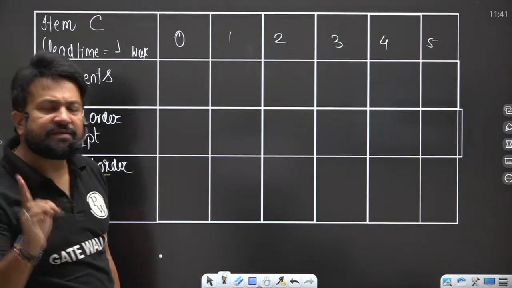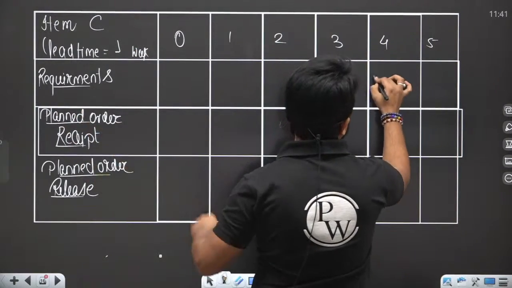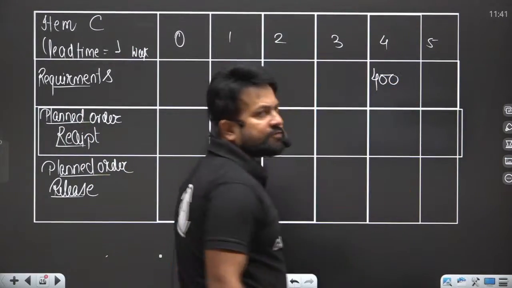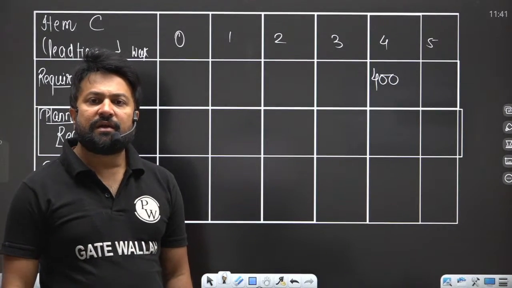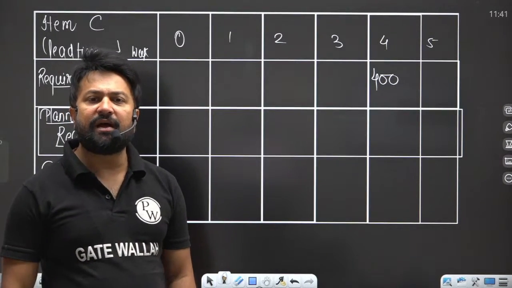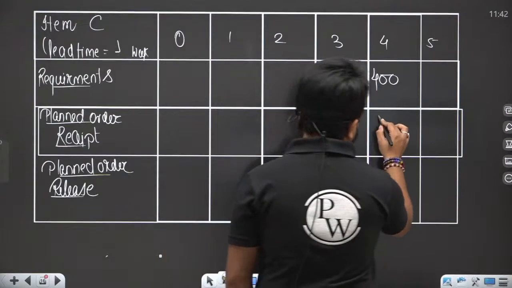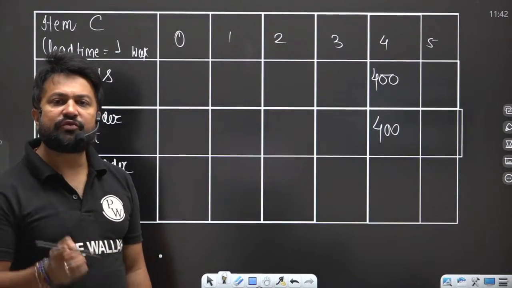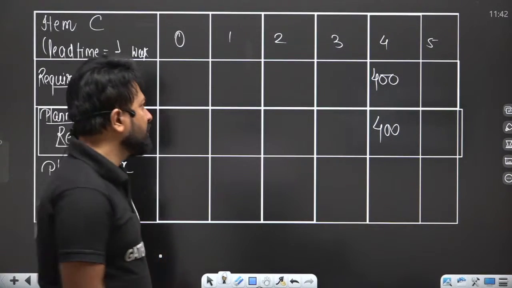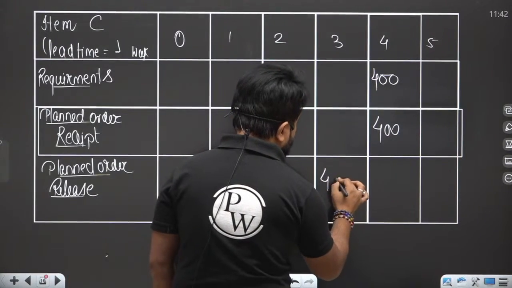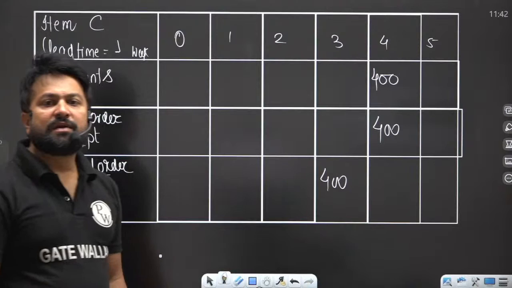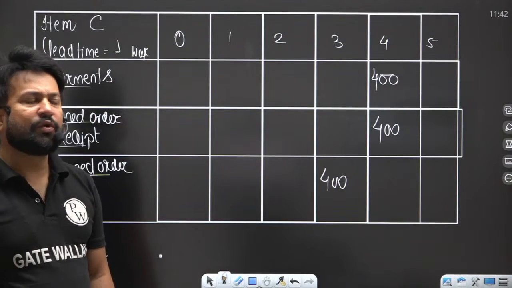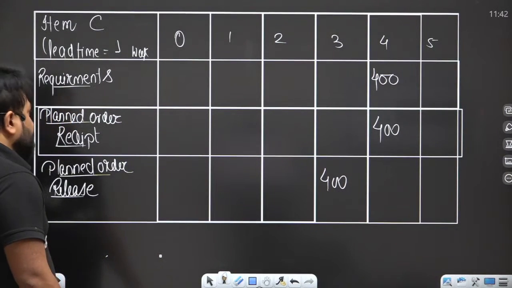So the requirement of C in the 4th week is 4 times of A. It should be received in the 4th week. That is 400. Lead time of C is 1 week. So you have to order 1 week before. So in the 3rd week you have to give the order. I hope you understand.